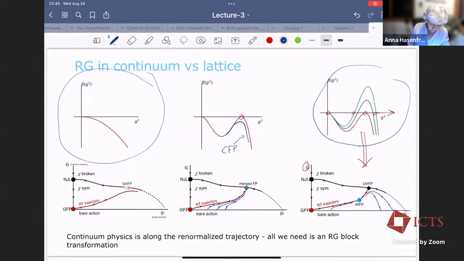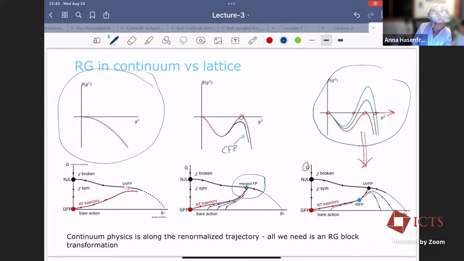So the question is, what happens on the lattice as we move from the merged fixed point to a system where we don't have a fixed point, where we have chiral symmetry breaking?